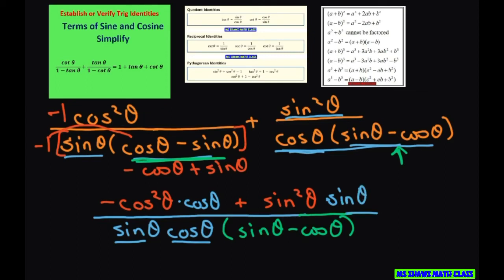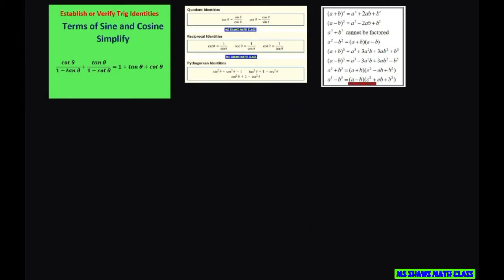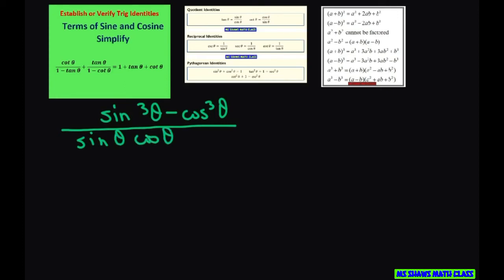Okay, so what that's going to end up giving us is negative cosine cubed theta plus sine cubed theta. So I'm going to reverse that and write the sine first so we don't lead with the negative. So we have sine cubed of theta minus cosine cubed of theta divided by sine theta cosine theta times sine theta minus cosine of theta.